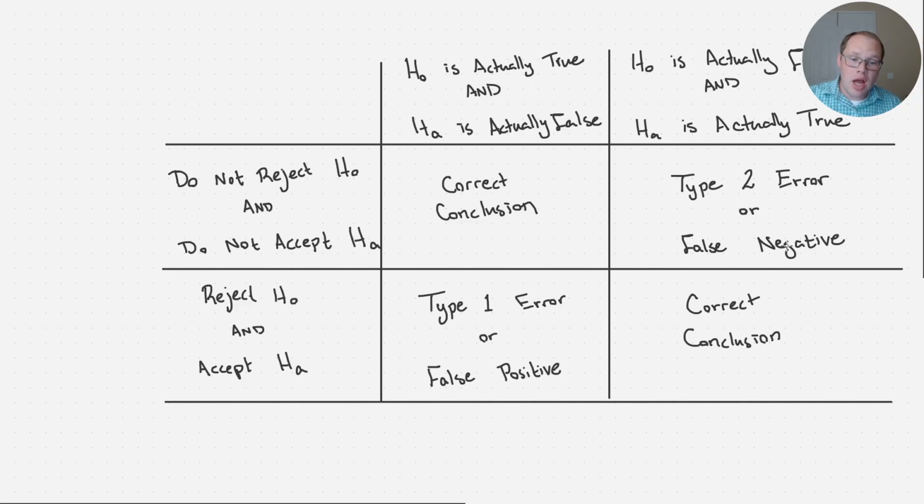Okay, now I really want to emphasize that this is not the result of mathematical error. This is not the result of carelessness. This is a result of the inherent uncertainty in gathering a random sample. When we gather a random sample, most of the time, that random sample is a pretty good reflection of the population. And so hopefully, because it's a good reflection, we'll draw the correct conclusion.